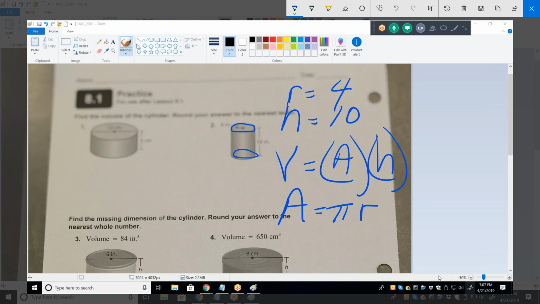Is pi circular or squared? Circular. Okay, so is there an exponent that represents circular? No. Is there an exponent that represents squared? Yeah. Oh, well, no, it's 3. No, 2. Pi r squared. You just have to memorize that.